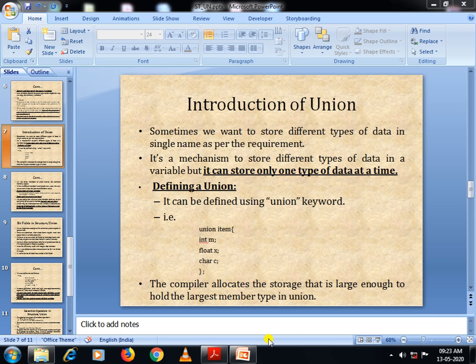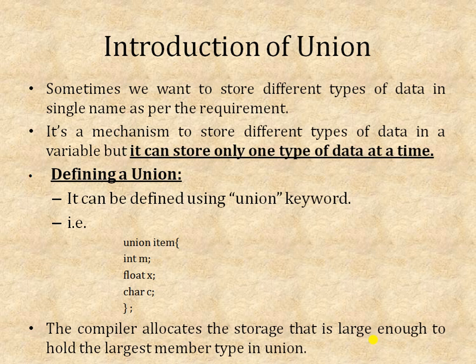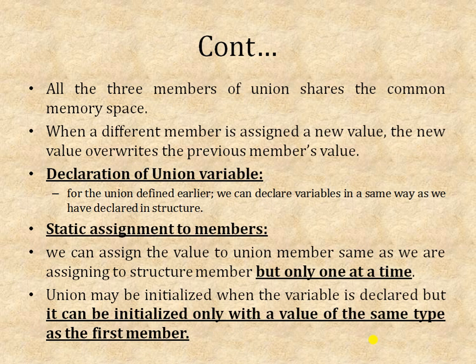For example, for the union defined above, the size of union is the maximum variable data type, that is the float is having the maximum size, so the size of union will become 4. All the three members of union share the common memory space.